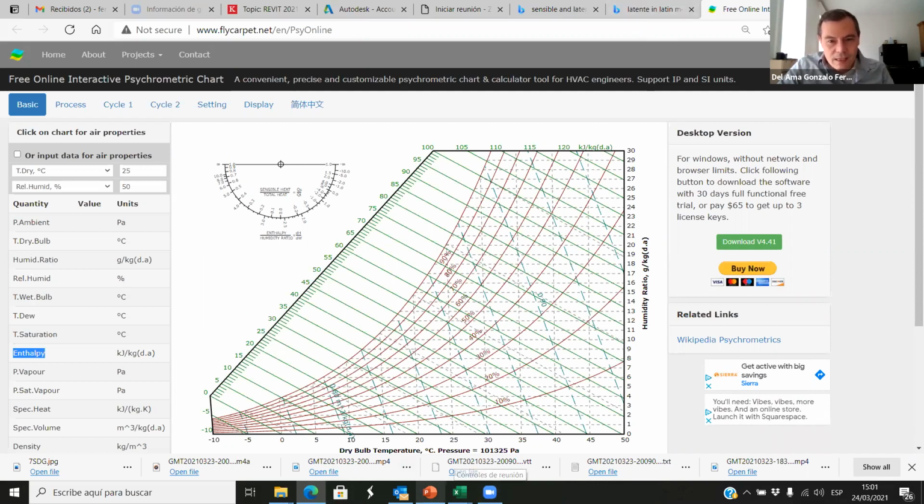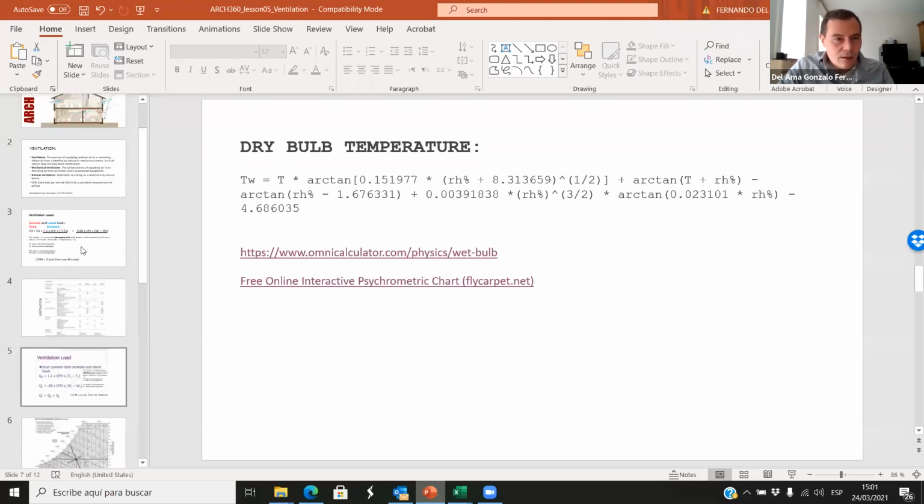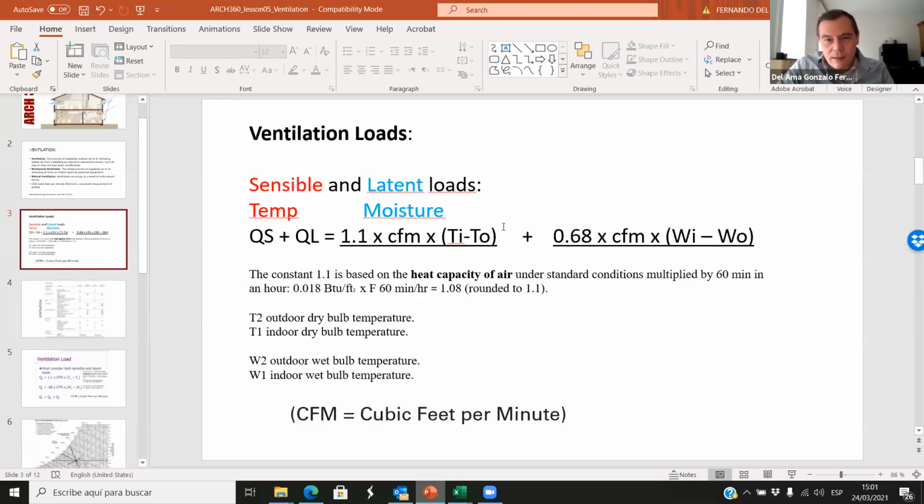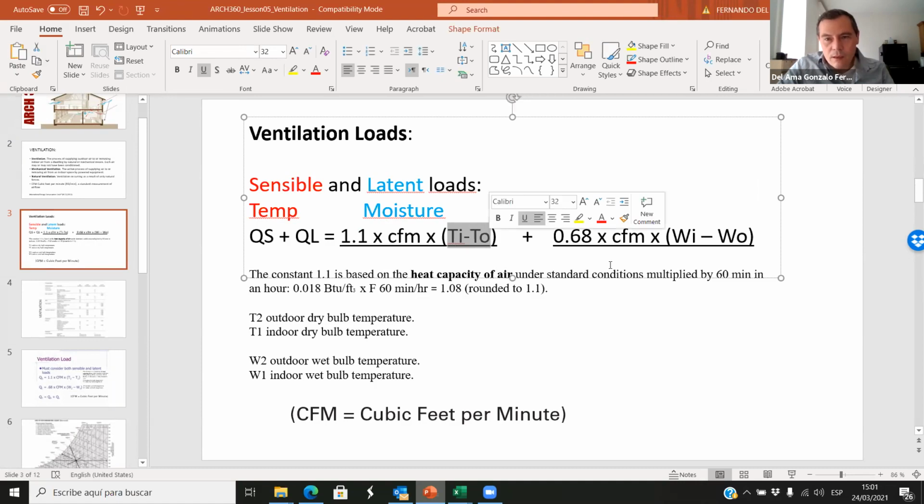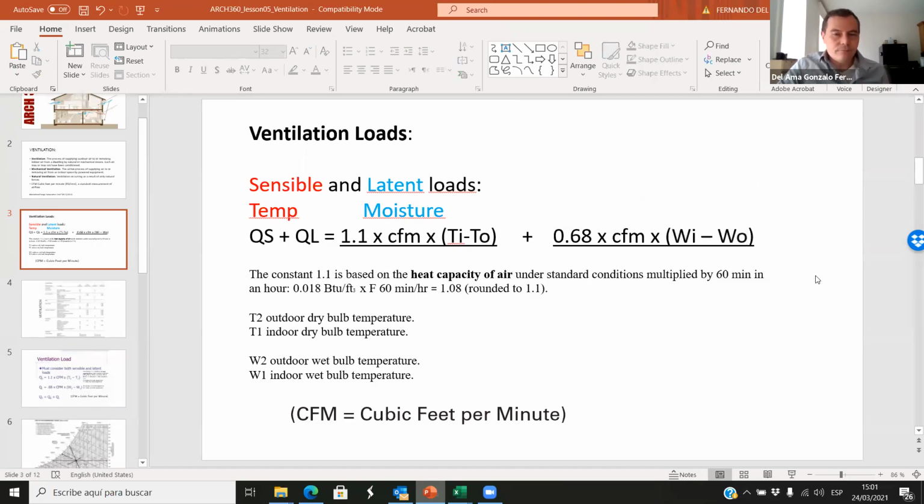But the formulas will change. If you use the enthalpy, we can have a different formula. Here we are using dry bulbs, and we are using wet bulb temperatures. If you use the enthalpy, the formula might change, but it's not a big issue.